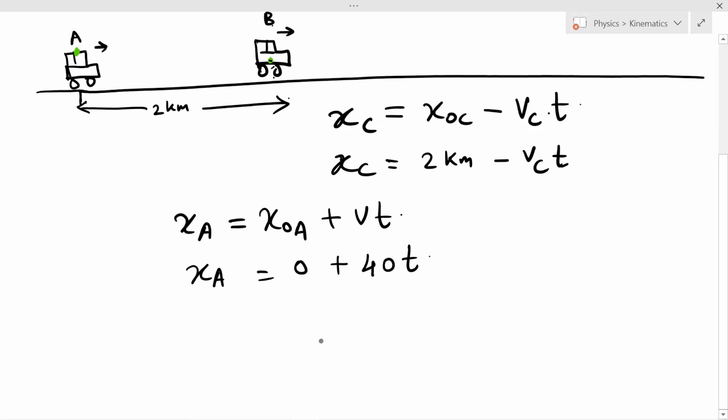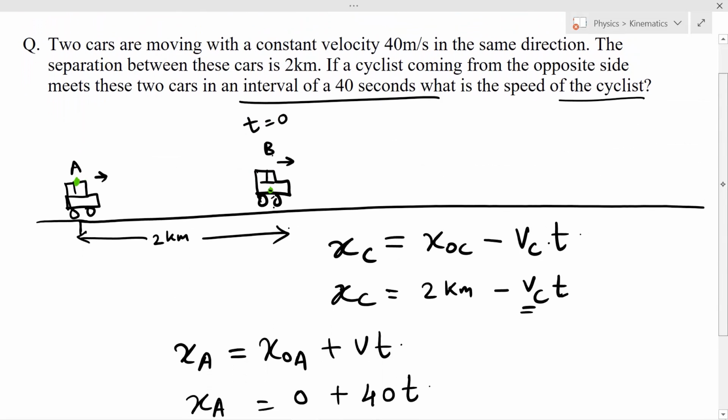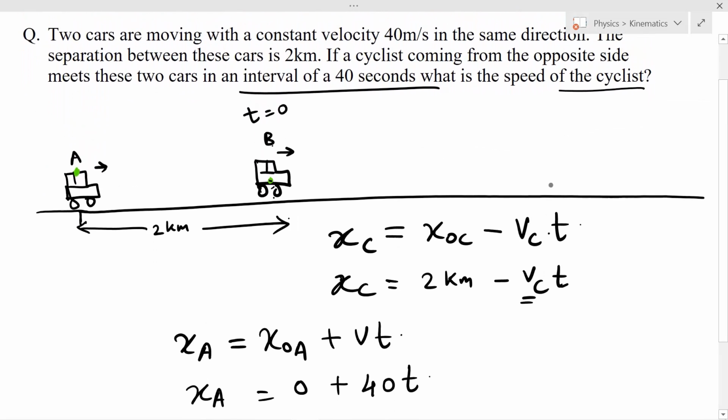So now we have to find VC. But they meet in the interval of 40 seconds. The time when the cyclist meets car B is t equal to 0, and when the cyclist meets car A, 40 seconds have passed. That is nothing but this interval, which is 40 seconds.